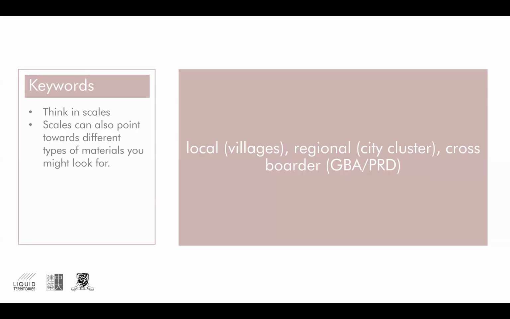And on a cross-border or national scale, you might look into state-level policy documents, strategies, and also colonial records, which point towards different areas of colonial settlements of different eras and the shaping of different borders. Also, you may look into international trade statistics.